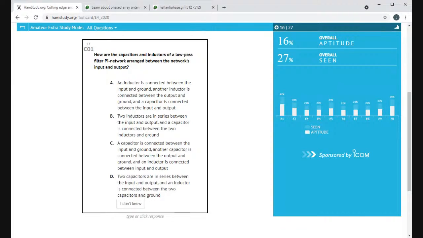C. The capacitor is connected between the input and the ground, and another capacitor is connected between the output and the ground. An inductor is connected between input and output. D. Two capacitors are in series between the input and output, and an inductor is connected between the two capacitors and ground.